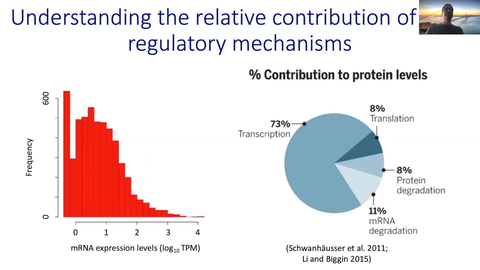And one of their key findings, from a later reanalysis of this data set from UC Berkeley, uncovered that mRNA steady state levels contribute about 84% of this piece of the pie, whereas there's a relatively modest contribution of protein degradation and translation rates. That really suggests that whatever's going on, transcription is the biggest piece of this pie, with a smaller contribution of mRNA degradation. But not that much is known about what is governing the levels of mRNA. And that was the basis of my interest in this question.